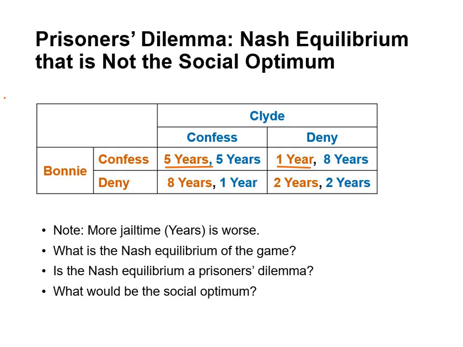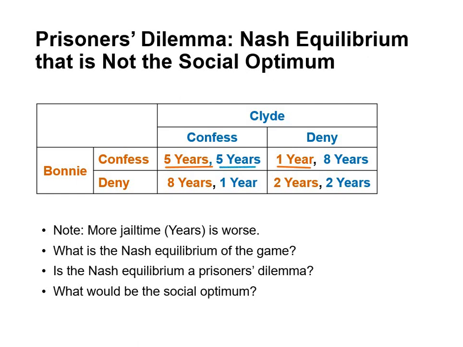And of course, because the game is symmetric, the situation is very similar for Clyde. If Clyde thinks that Bonnie confesses, then shall Clyde confess and go to jail for 5 years, or deny and go to jail for 8 years? Of course, confess is also better.